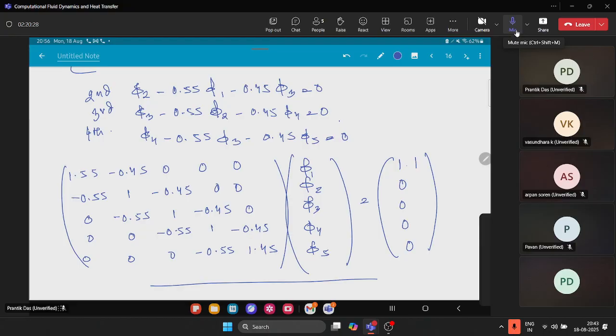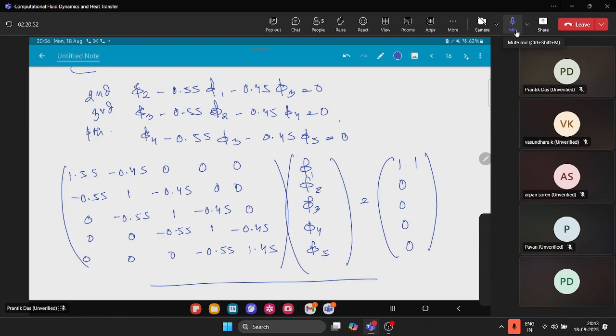So as of now, you know how to treat the interior cells, and you also know how to treat the boundary cells. Only the treatment of the gradient and also the value of the variable at the cell faces will change as we go from one discretization scheme to another. So the whole philosophy remains the same.